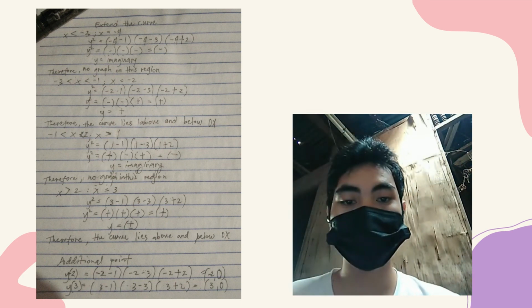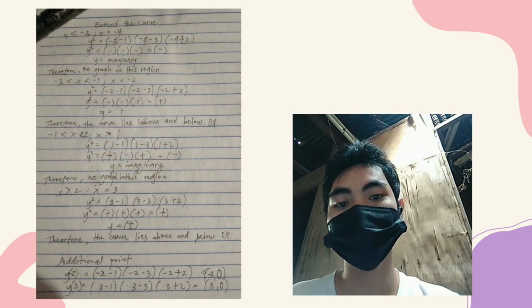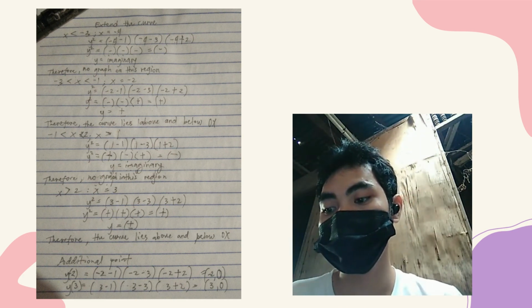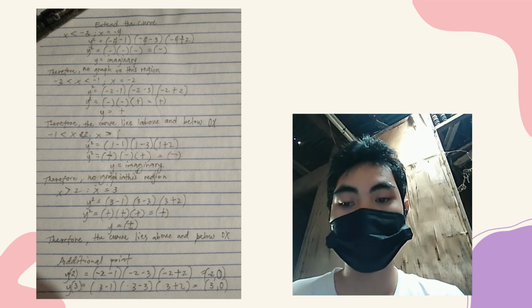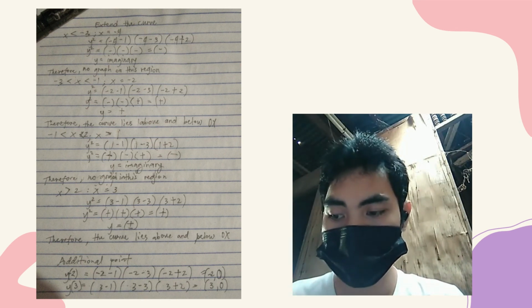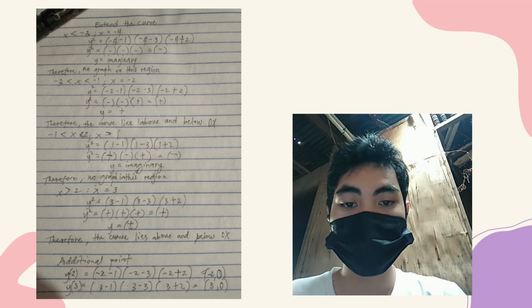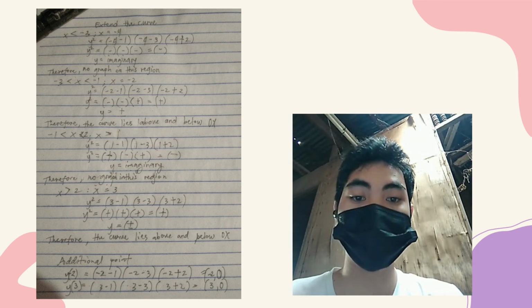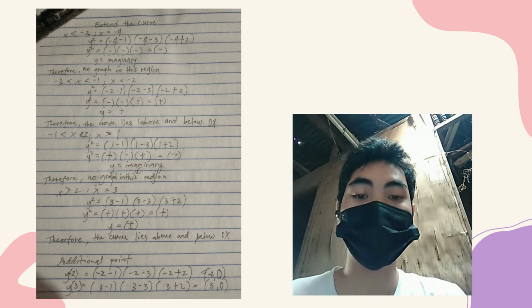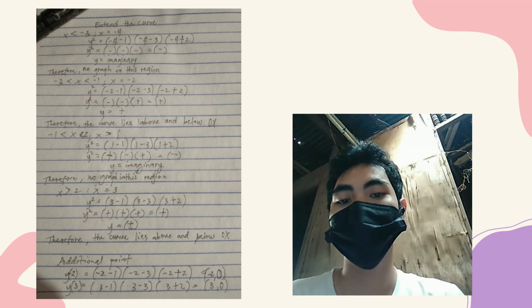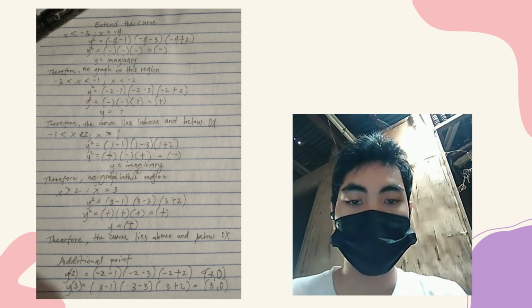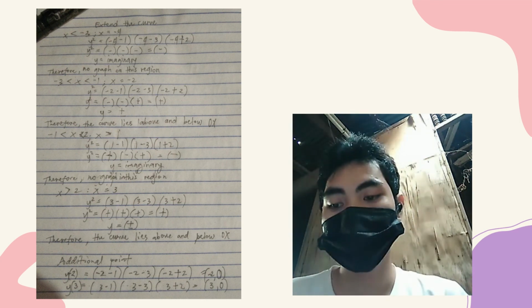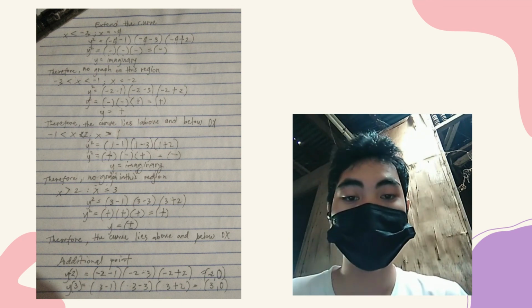So we will just substitute those two values into our equation. y squared equals the quantity of negative 2 minus 1 times the quantity of negative 2 minus 3 times the quantity of negative 2 plus 2, and our point will be negative 2 and 0.